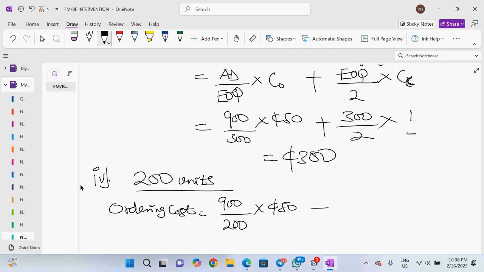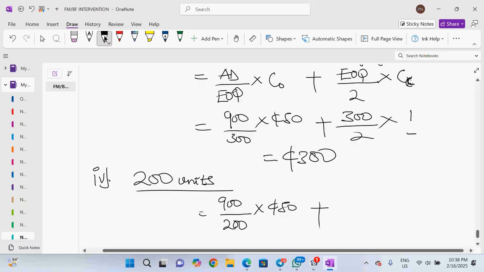Let me make everything one inventory cost. And then this one is 200 divided by 2 times how much? 1. So what do you have?